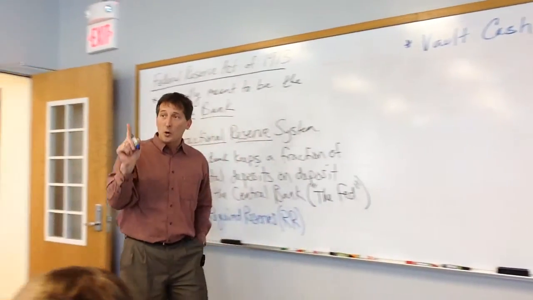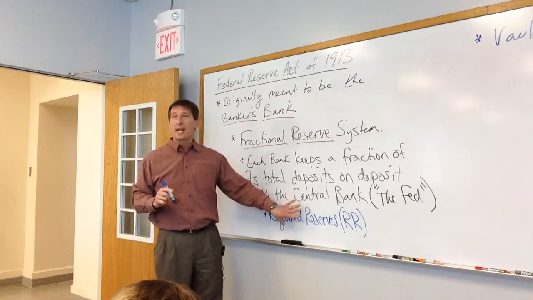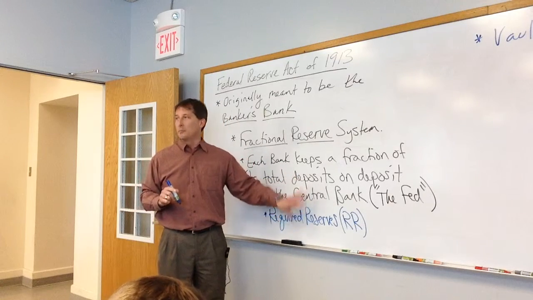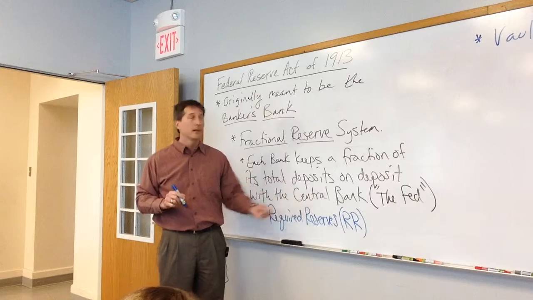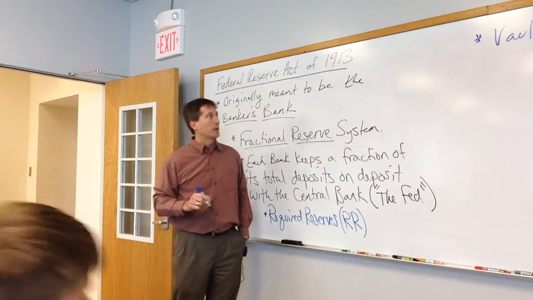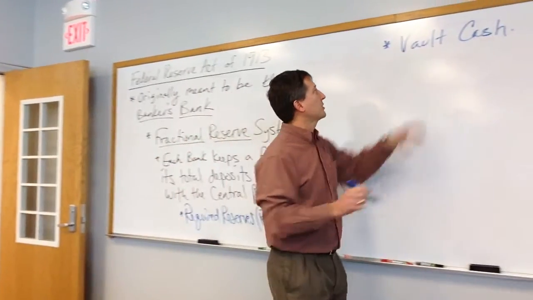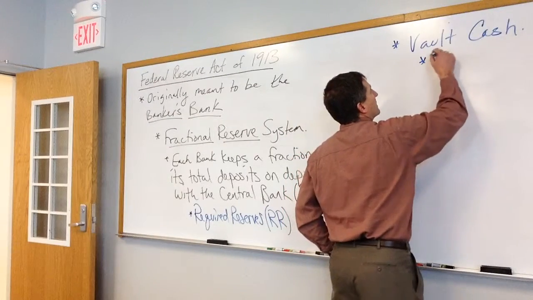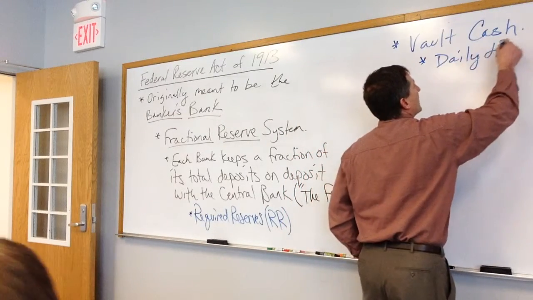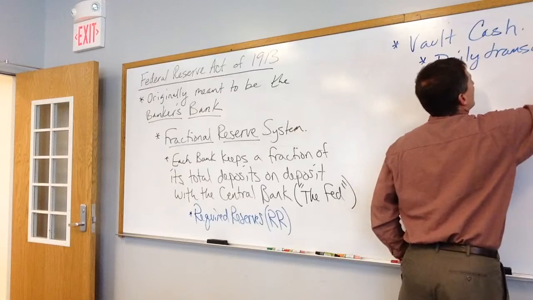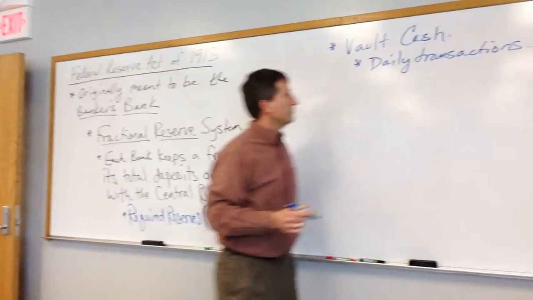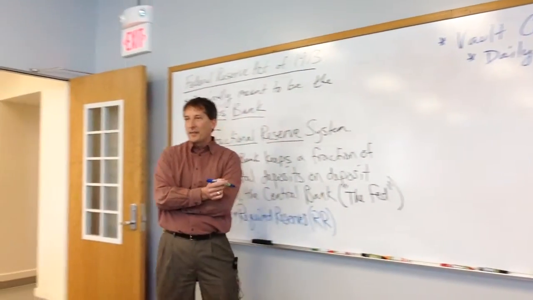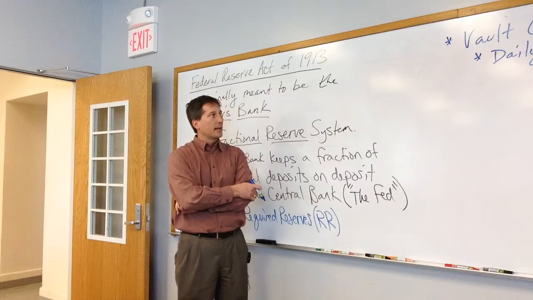Vault cash counts for the bank as part of the legal minimum that they must hold back if they're going to run a bank in the United States. So vault cash is there for daily transactions. Again, there's not enough there to handle everybody if they all walk in at one time.